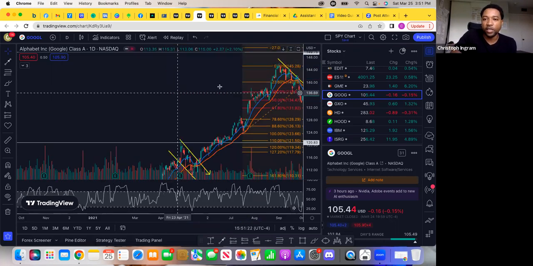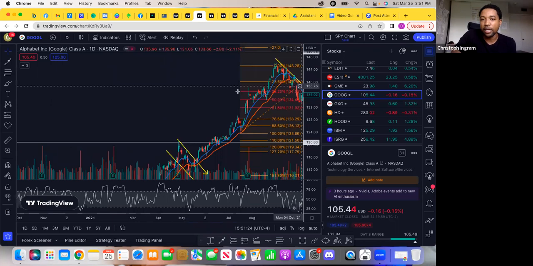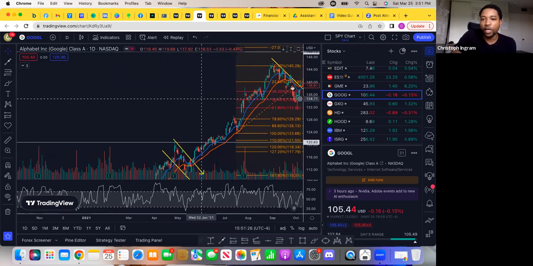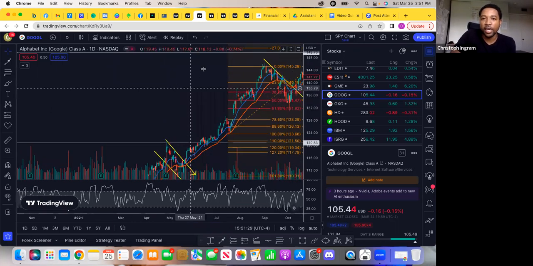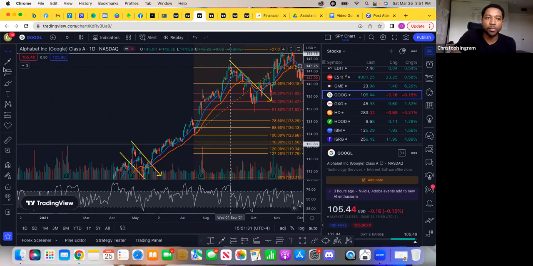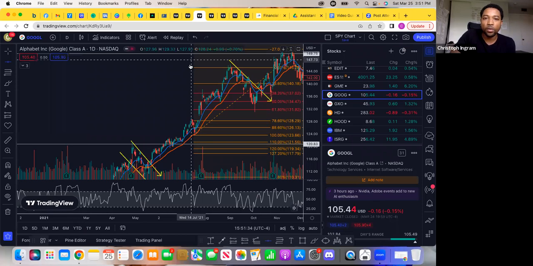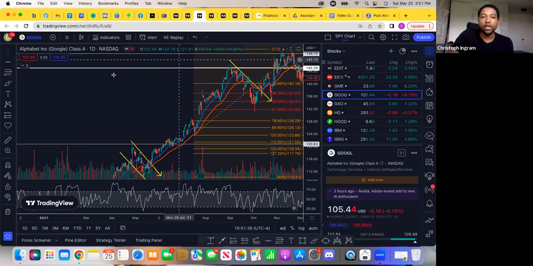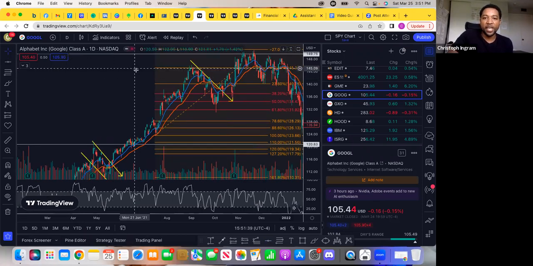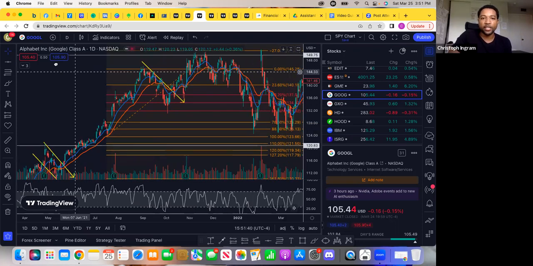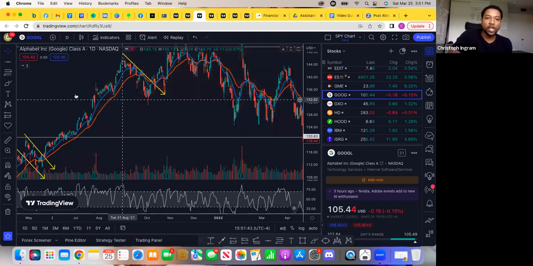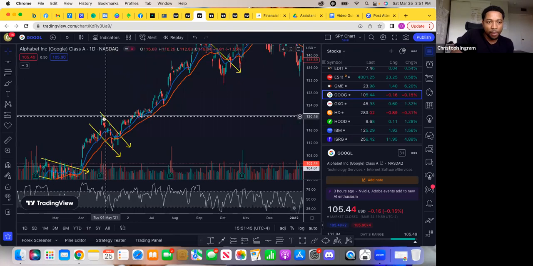So let's say the market looks like this and we haven't seen anything yet. Once we break and close above, I know we're going to continue to retest at least the flagpole, which is the top of the flagpole, right? So basically, how you set targets with your flags is you expect it to retest the top of the flagpole.